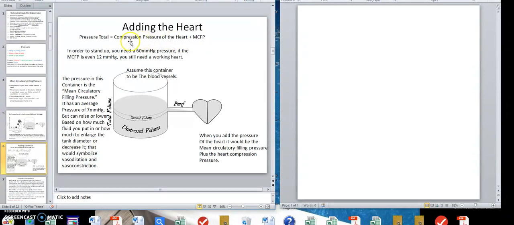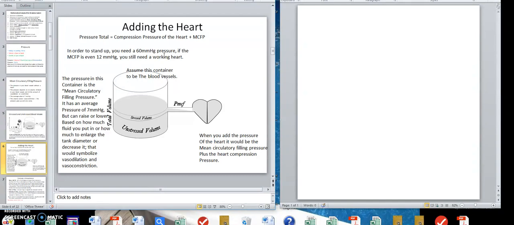So when I add a heart, the pressure total in your pipes would be the pressure of your compression unit, which is the heart, plus that mean circulatory filling pressure, which is just the vessels by themselves with the blood. Now, the key to this is, in order to stand up, you need a 60 millimeter pressure. Why is that? Because when you're lying down, your brain and heart are on the same level of gravity.